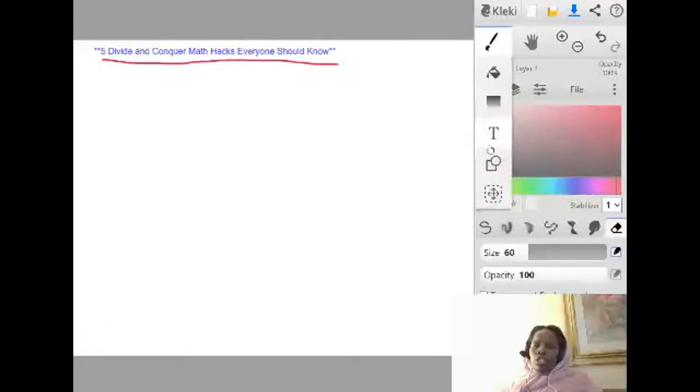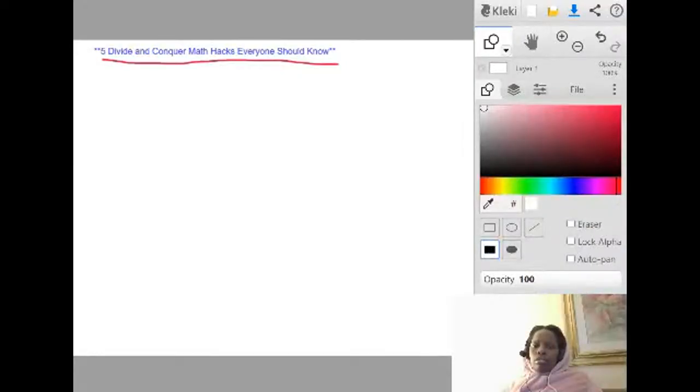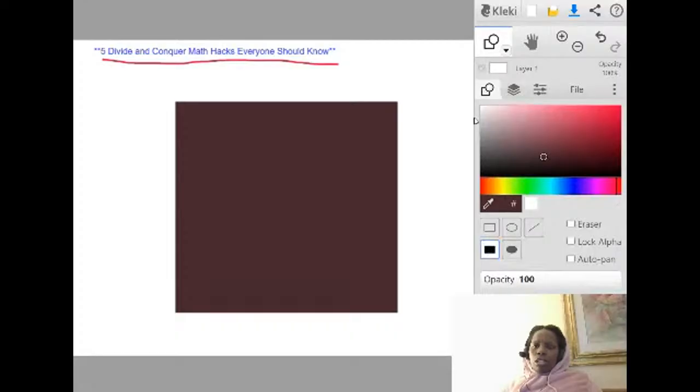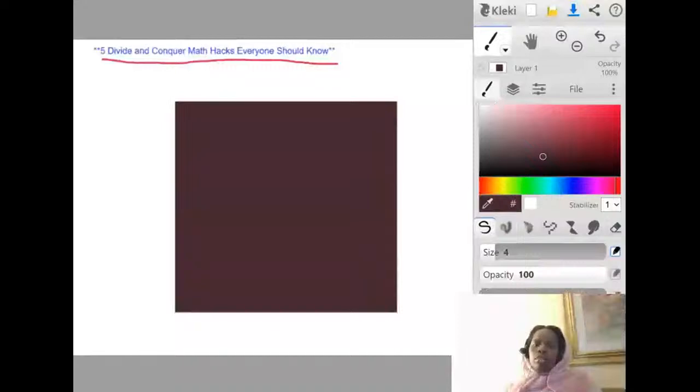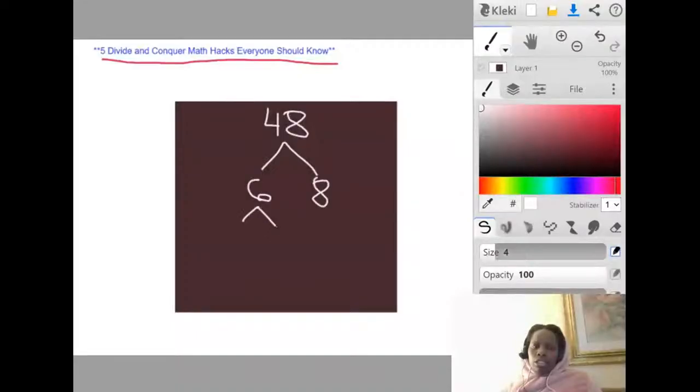Okay. Let me do this for you. 48 is divisible by 6. Right here, I just did the factor tree.